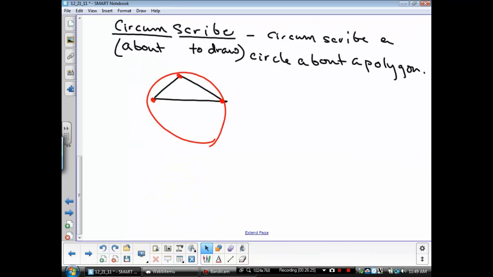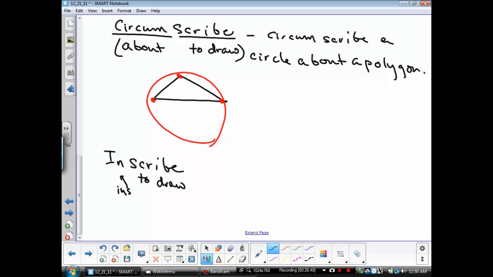We also have the word inscribe. Again, the word scribe means to draw. The word in means inside, right? So here we're drawing something inside.